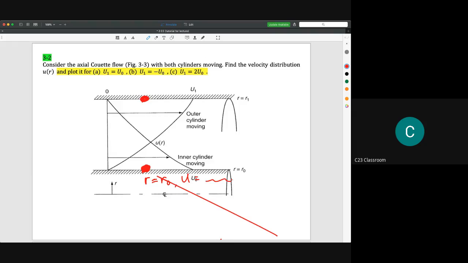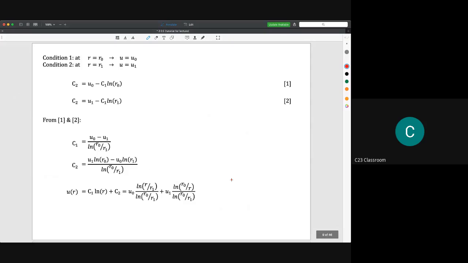So at condition 1, at the bottom, we have R equal R0 and U equal U0. And at the top, we take R equal R1 and U equal U1. So you substitute in the calculation and so on and so forth. So finally, you will get this one.